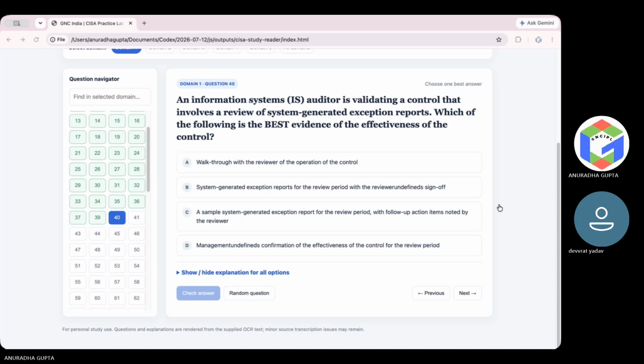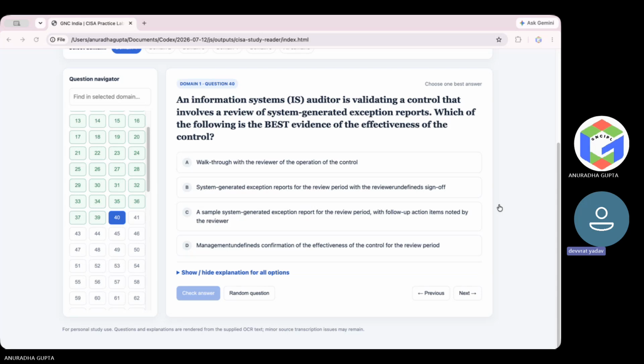And management confirmation of the effectiveness of the control.